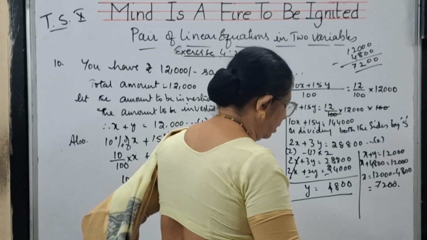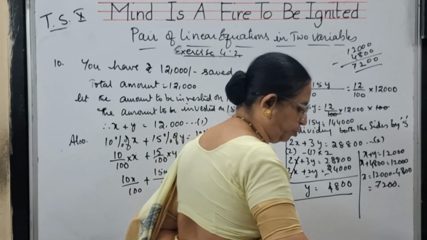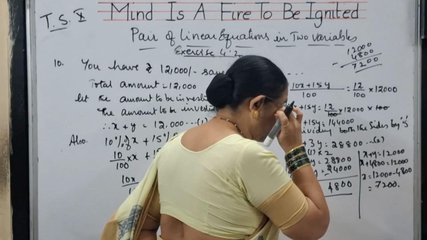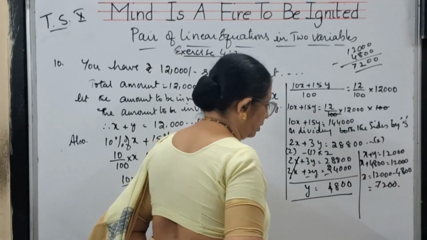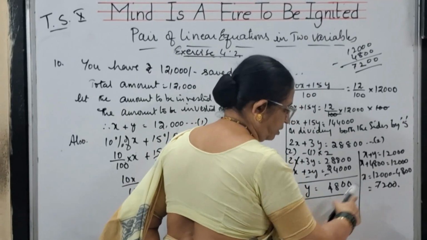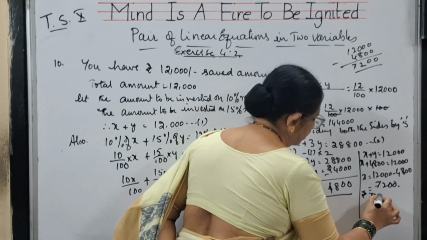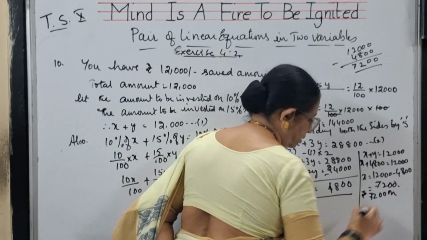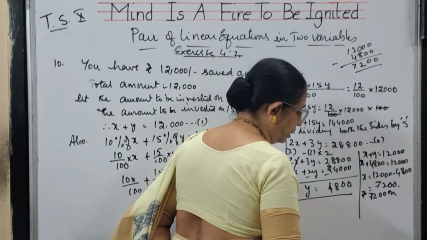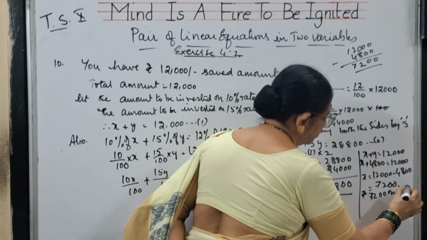They are asking how much amount should be invested. So on 10%, how much he has to invest? 7,200 rupees on 10% interest.